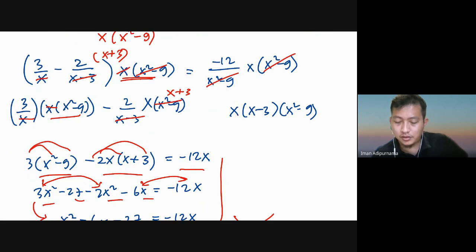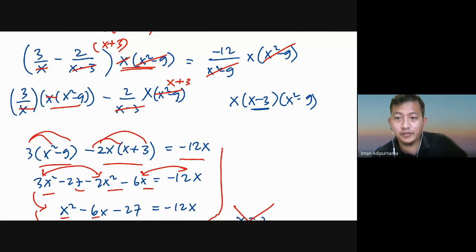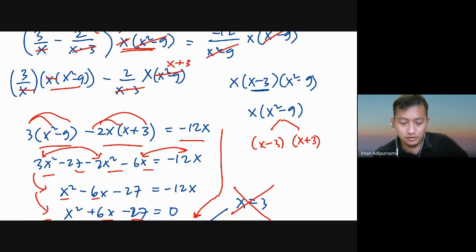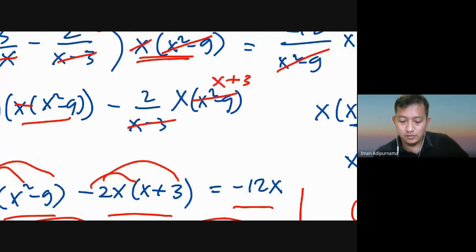Because no need. Because x minus 3 is part of x squared minus 9. So if you see the factor here is this, right? Do you get what I mean, Ellen? Okay, so this x squared minus 9.